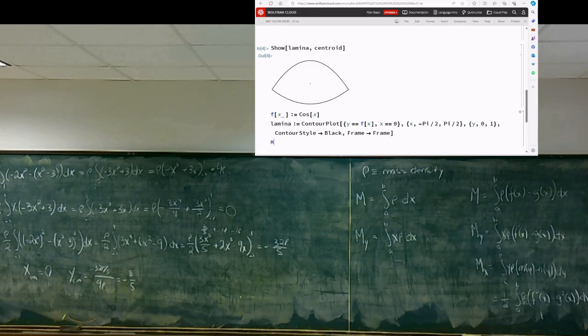Let's define M, so total mass. It's an integral, right? Yeah. First off, we've established that f of x is going to be positive, right? So it's always going to be the larger function. So it's just going to be the integral of f of x from minus pi over 2 to pi over 2.